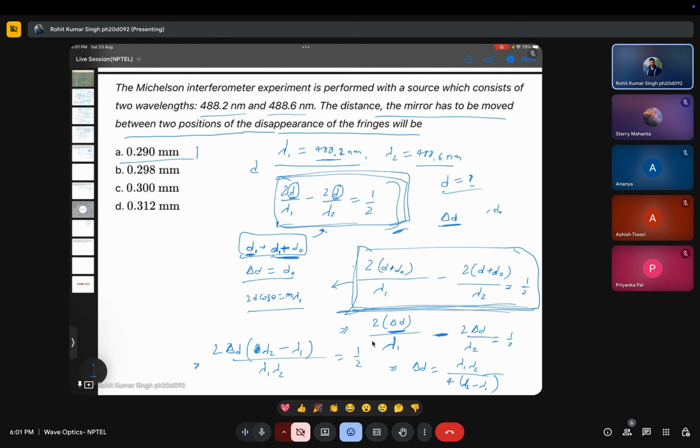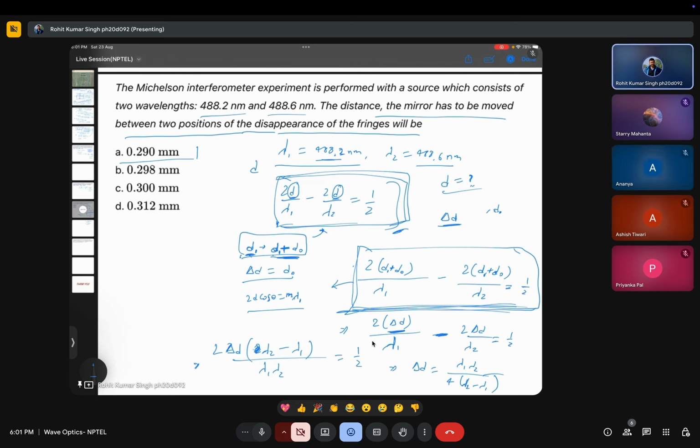And when you move to d1 plus d naught distance, the fringes disappeared. So should we equate it with 1 first and then with half? We'll subtract the two distances.